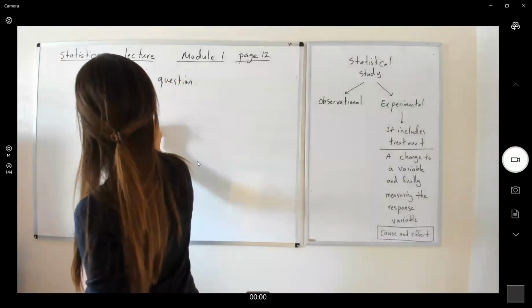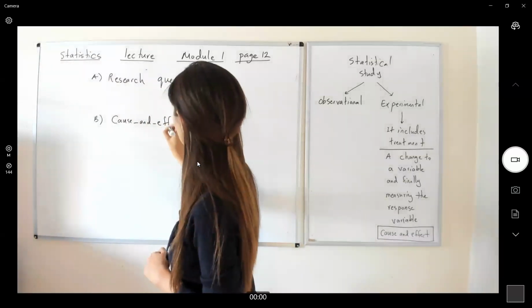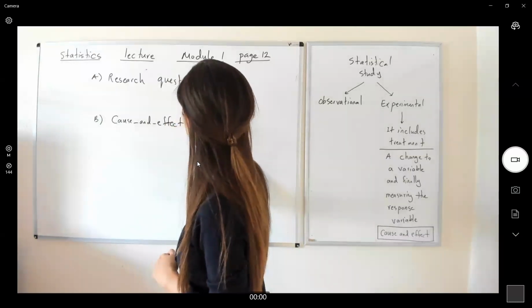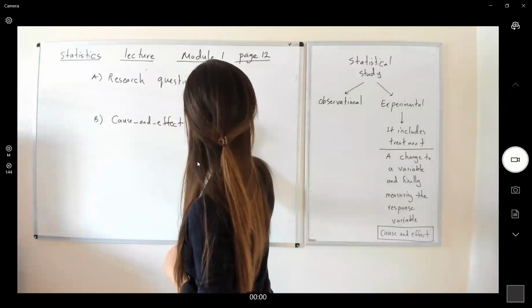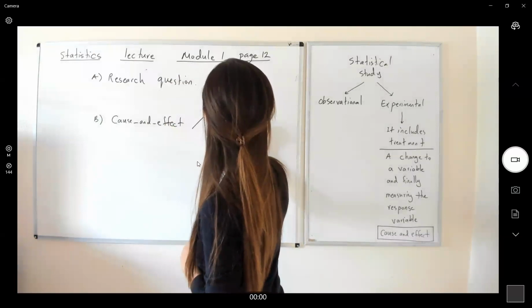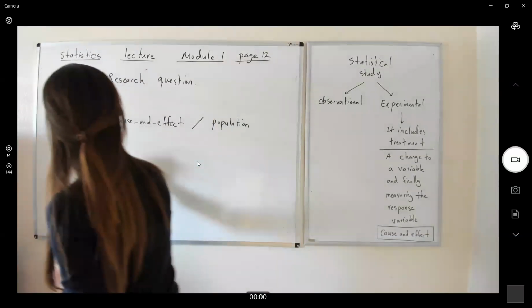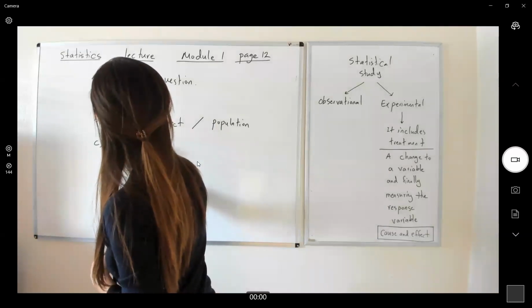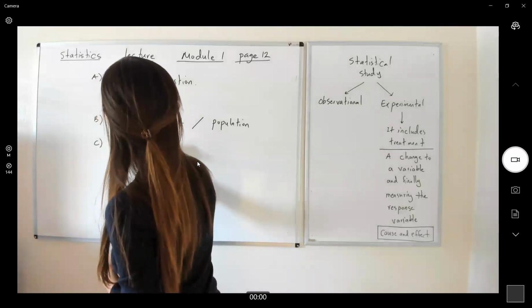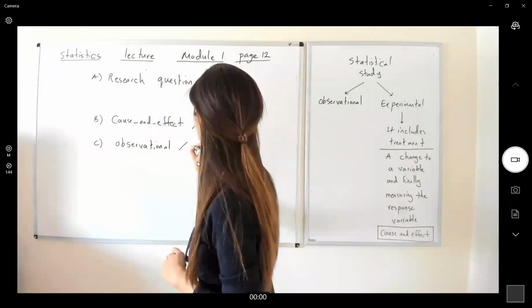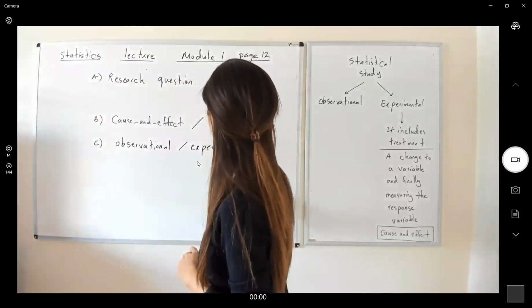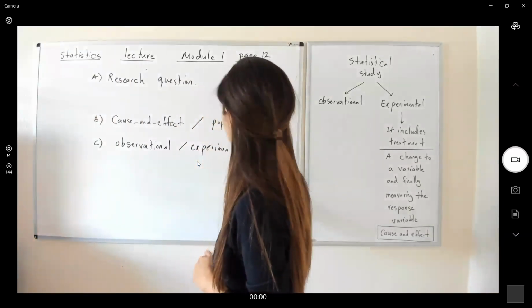Cause and effect, or just a question about population. C: observational or experimental.